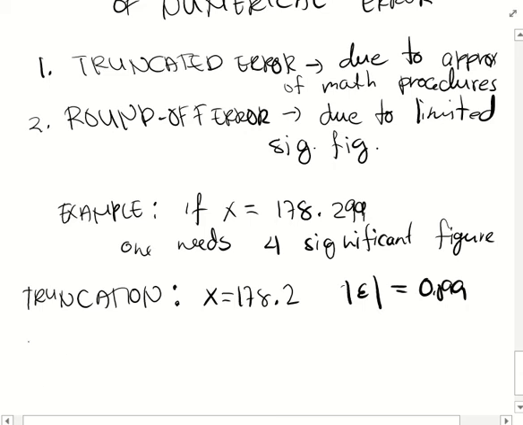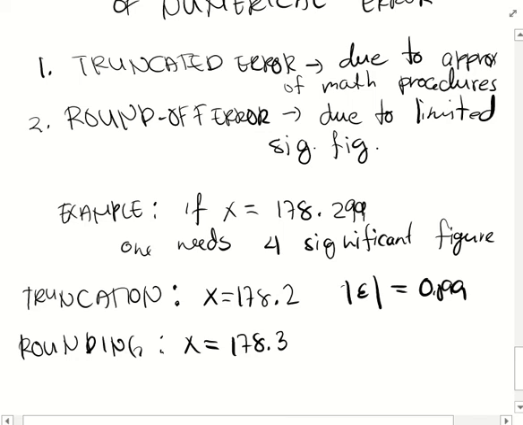Now how about if we round this off? What will be the value of x when we round it up? The value will be 178.3. So it matters. The number beside the last significant figure to the right matters because it's rounding.